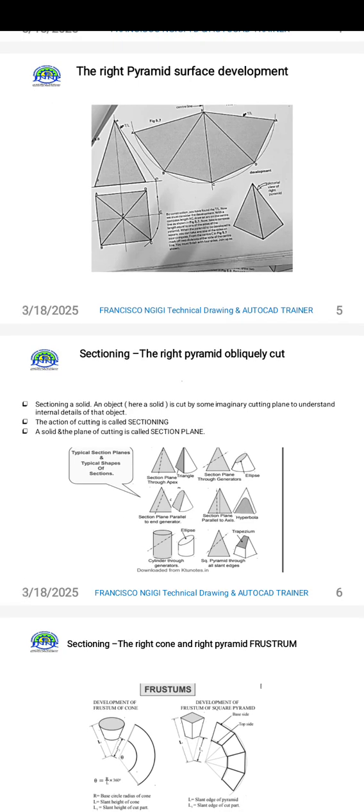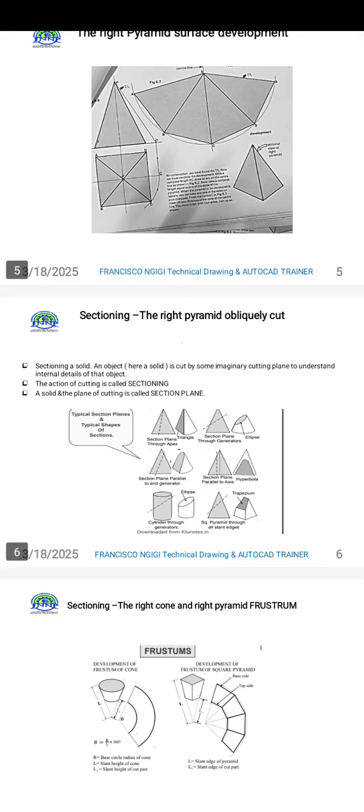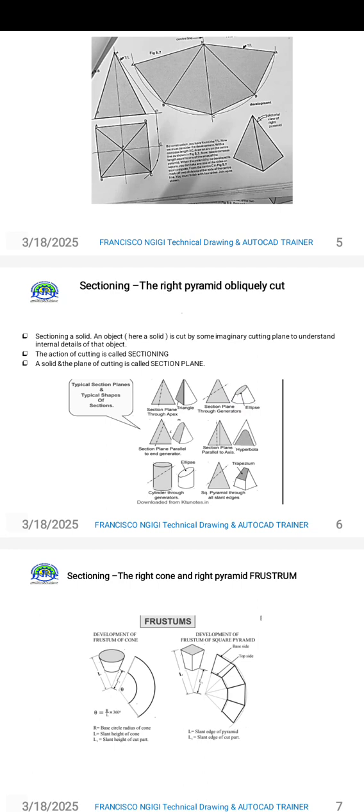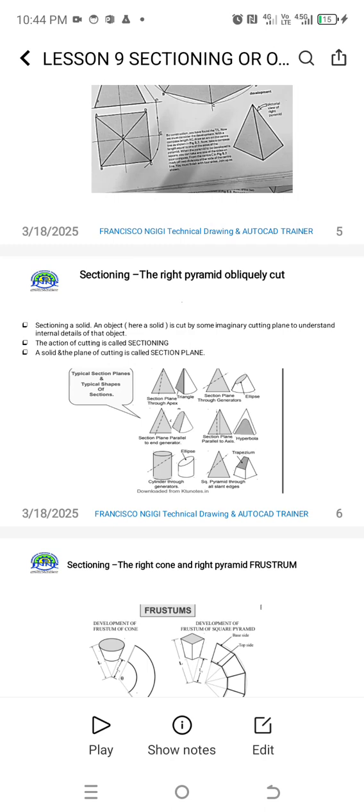For example, anytime we introduce a line, this one shows this is a cutting plane. If we cut a cone along that, you see, the top is an ellipse, but the bottom is not affected.